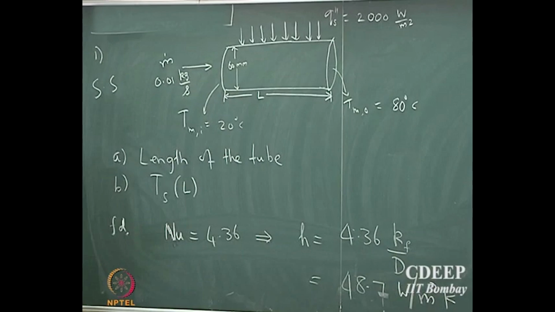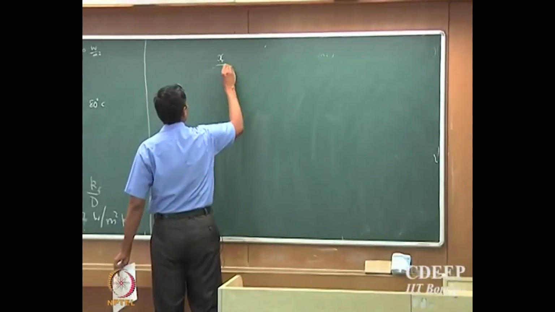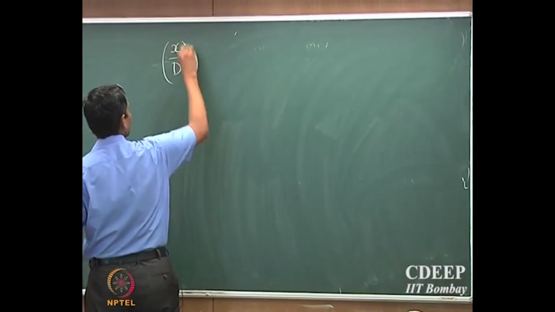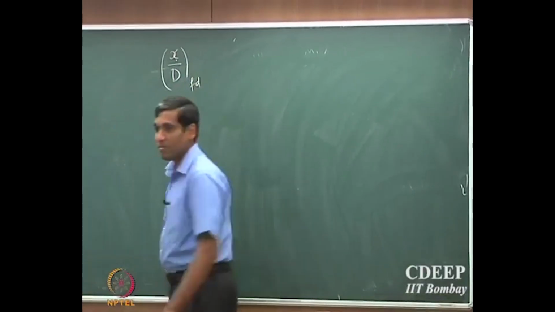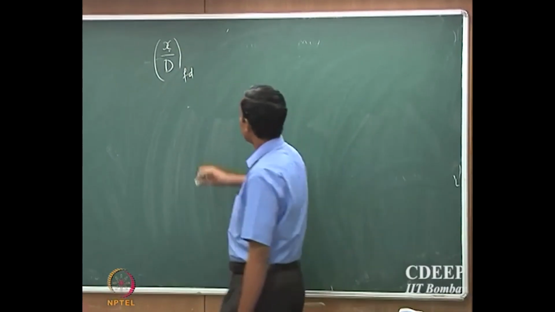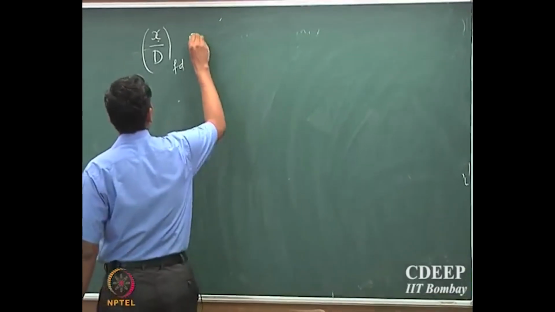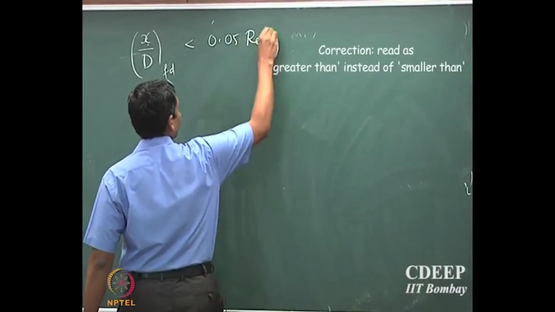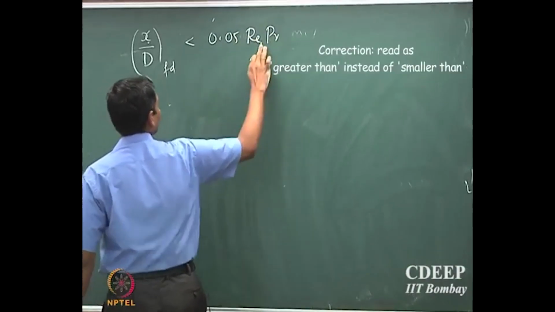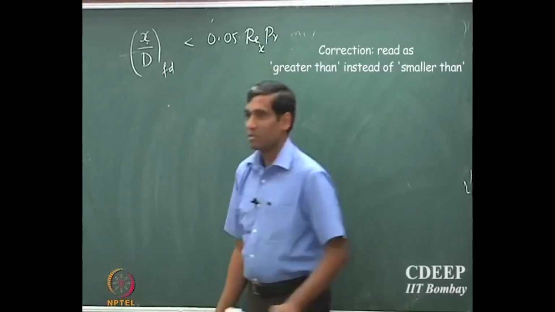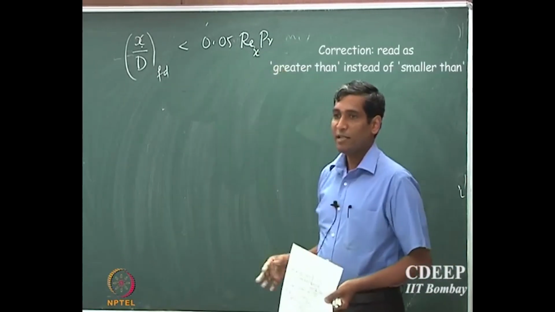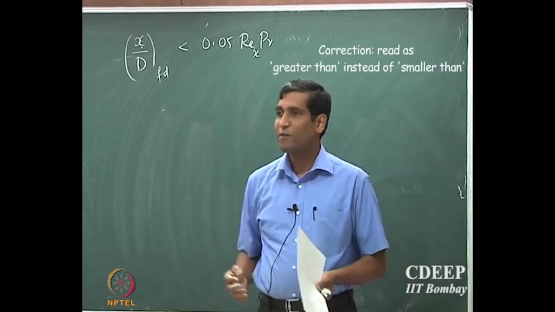Now, how do we know whether it is really fully developed or not? X by D in the fully developed regime, if this is greater than 0.05 times Reynolds number times Prandtl number, then you can assume that it's a fully developed system.